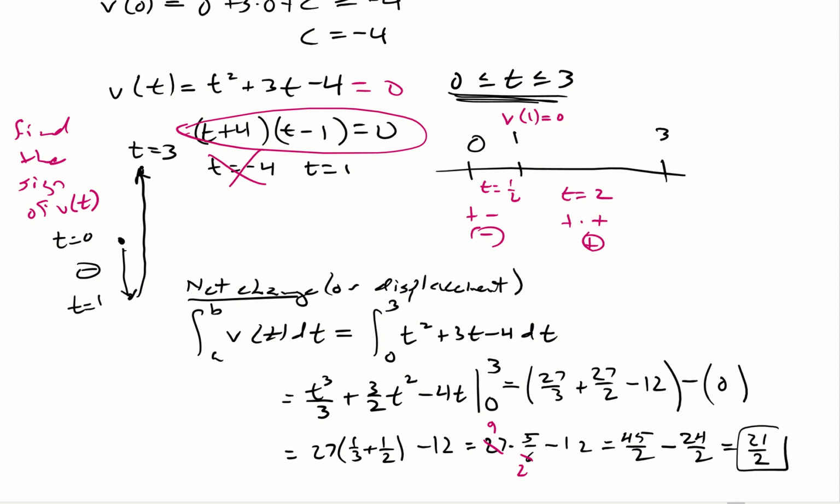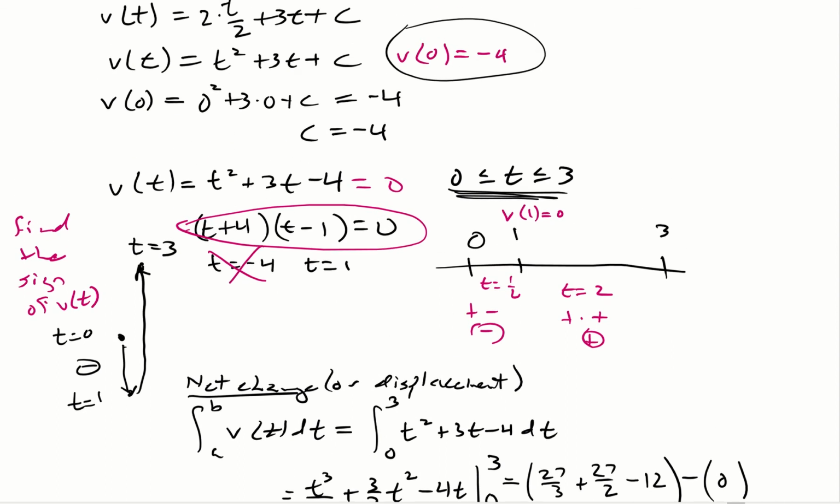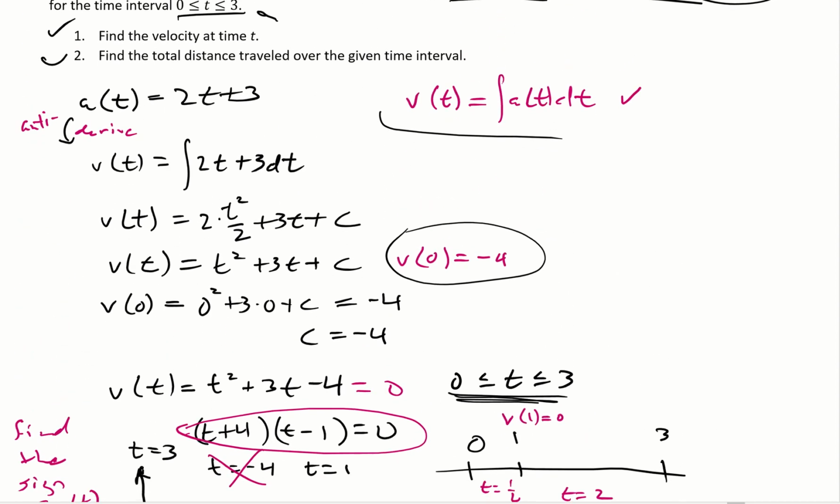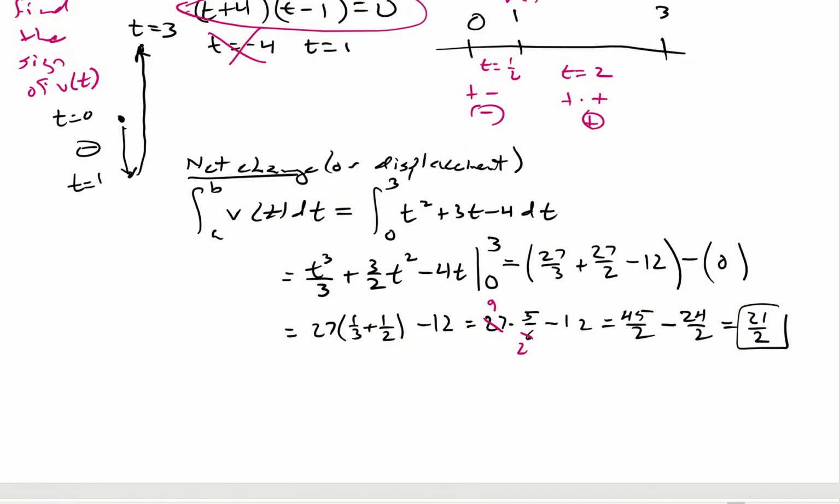Now, if we're talking about distance, let's see the problem. He doesn't say anything about any kind of units, but that's its displacement. Now, here's the thing. What it did was it started at some sort of position, it went down, and then it went back up again, and its net displacement is right here.